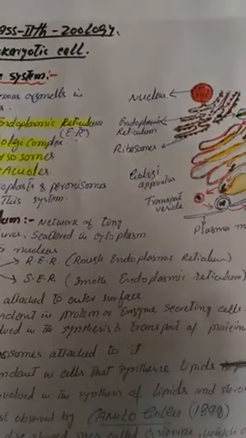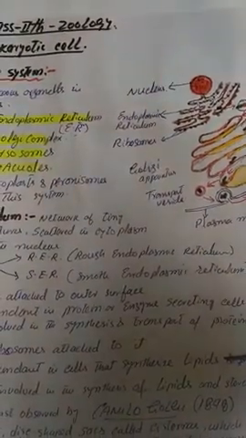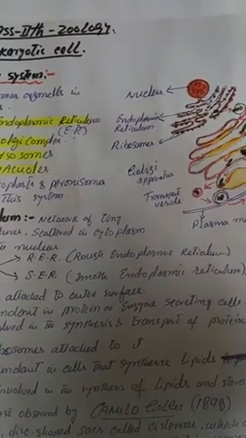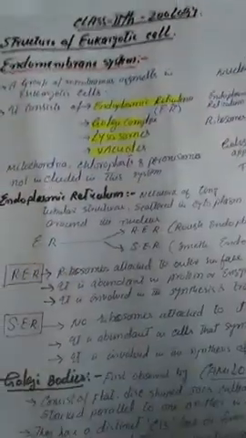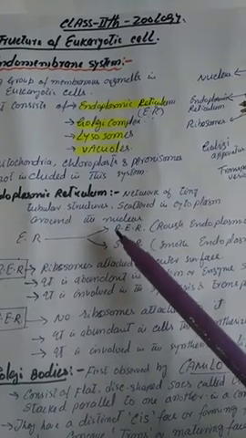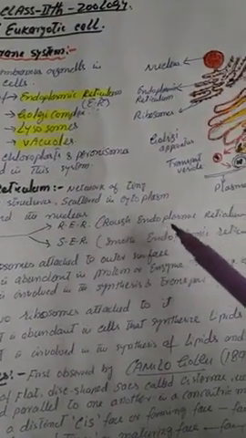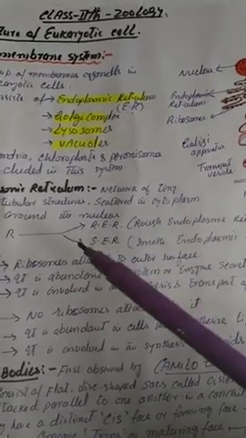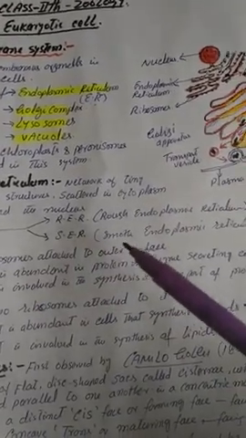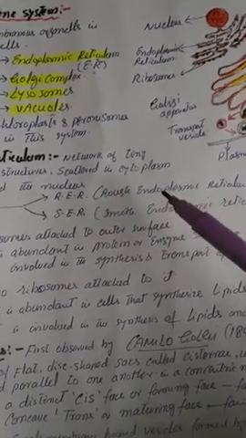Basically, there are 2 types of endoplasmic reticulum occurring in cells, that is RER, which abbreviates as the rough endoplasmic reticulum, and SER, that stands for smooth endoplasmic reticulum.